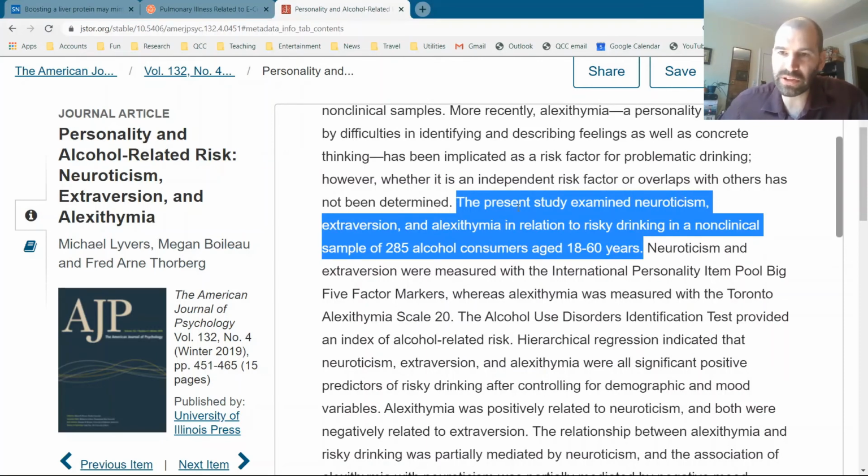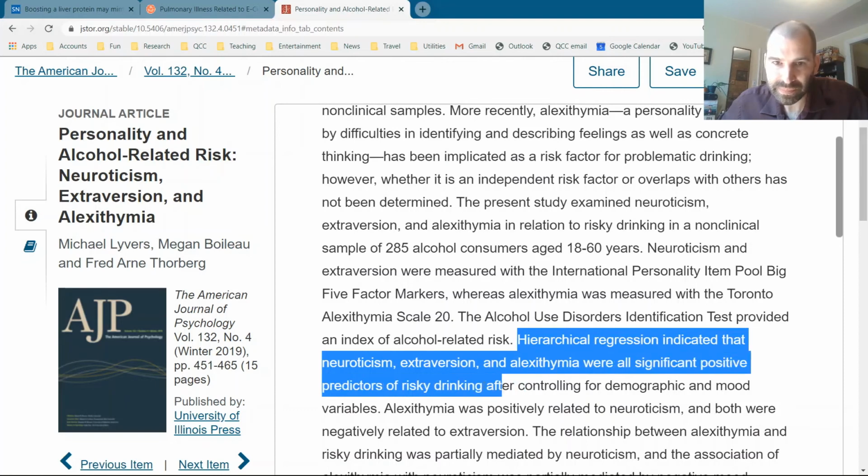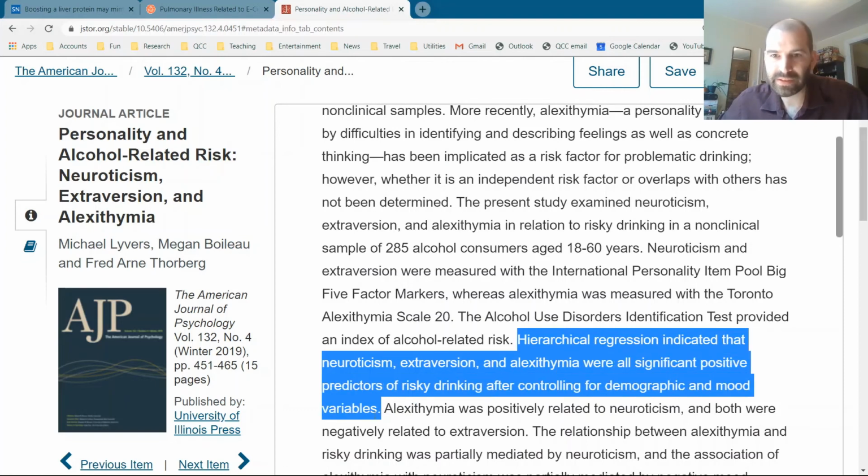So let's read through this abstract a little bit further and see if we can find some more information. Let's look at this sentence over here. It says, hierarchical regression indicated that neuroticism, extroversion, and alexithymia were all significant positive predictors of risky drinking after controlling for demographic and mood variables. Hierarchical regression is a statistical technique. You don't need to know what that is.